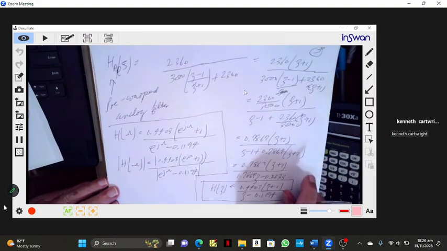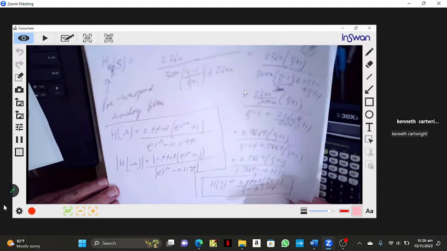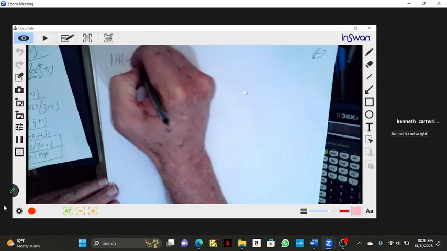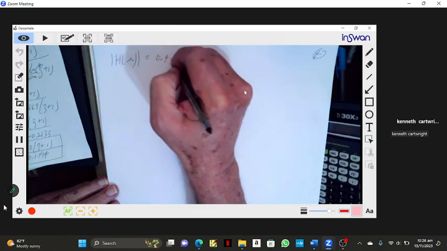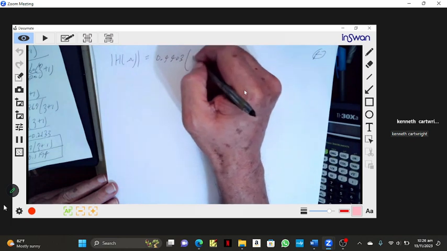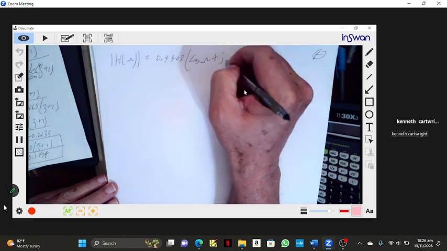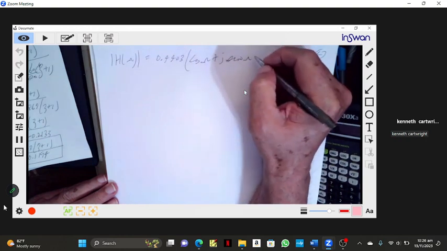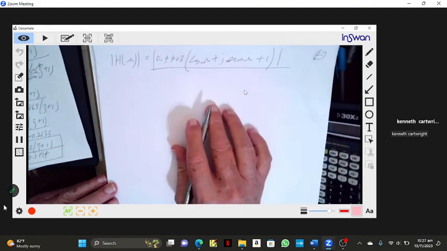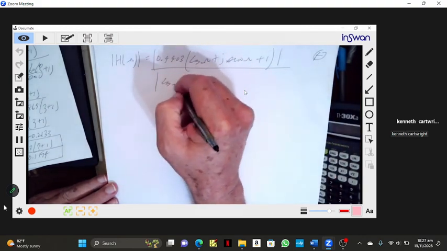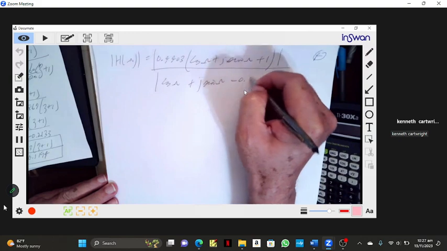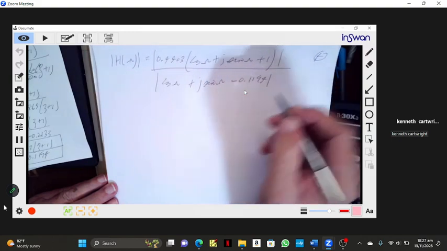Now to a new slide. The magnitude of H of omega is the magnitude of the top, cosine omega plus j sine omega plus 1, over the bottom, the magnitude of cosine omega plus j sine omega minus 0.1194.